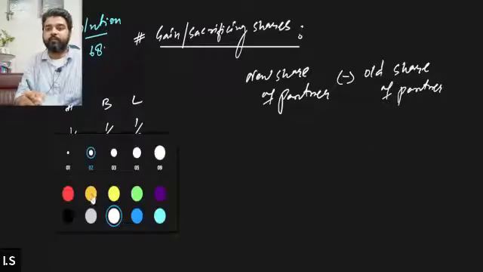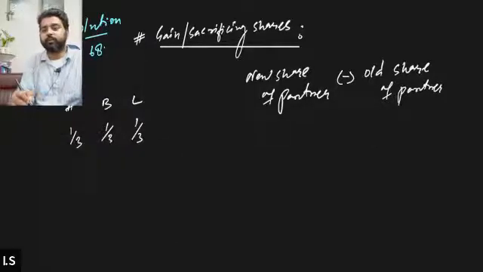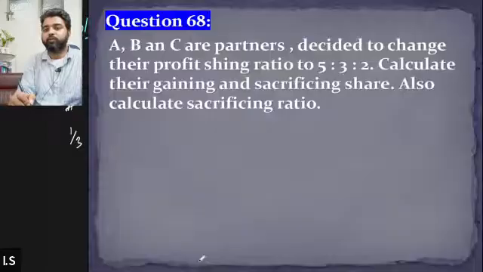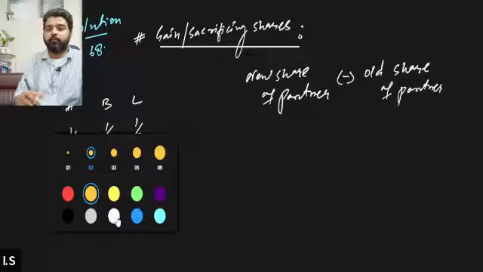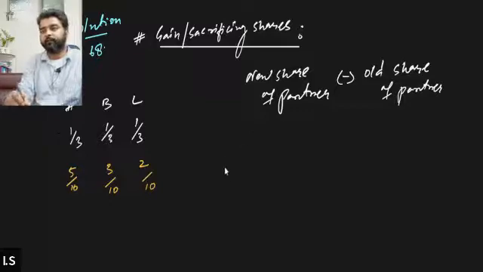Now they have decided to change the profit sharing ratio, and the new profit sharing ratio among the partners is 5:3:2. So 5:3:2 simply means 5/10 for A, 3/10 for B, and 2/10 for C. All right. So now let's find out the gain or sacrifice for partner A.